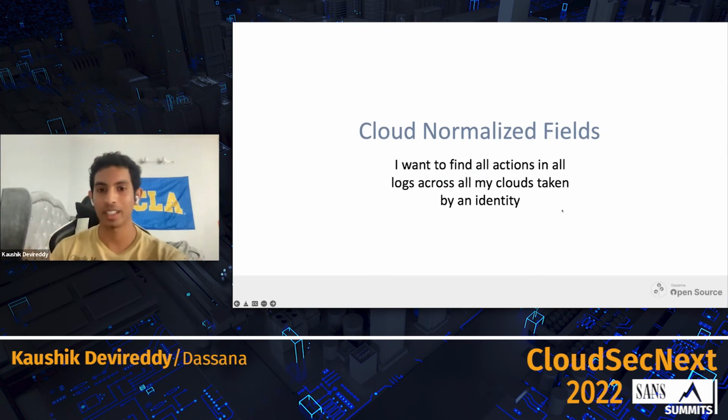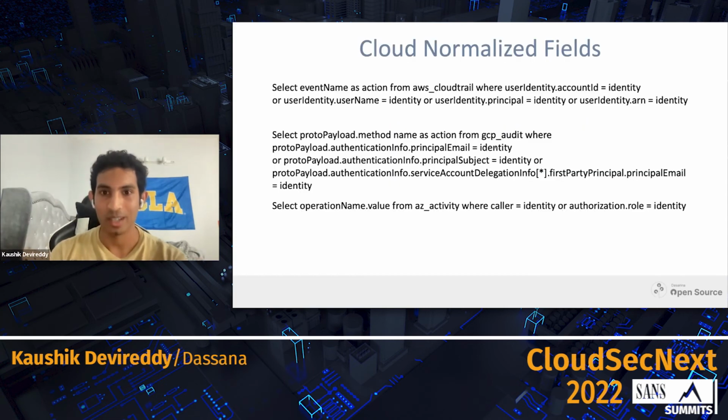So the motivation behind cloud normalized fields is the following question. I want to find all the actions in all my logs across all my clouds taken by an identity. How do I do this? Well, one way is to write three separate queries like this. The top one is for CloudTrail, and I'm selecting all the events where the identity could be the account ID or the username or the principal or the ARN.